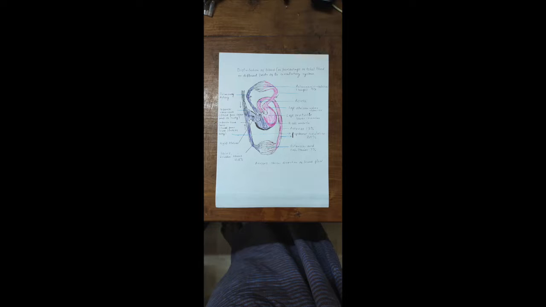Systemic circulation: from the heart to tissues through arteries and from tissues through veins back to the heart is called systemic circulation. From the heart to lungs through the pulmonary artery and back from the lungs to the heart through pulmonary veins is called pulmonary circulation.